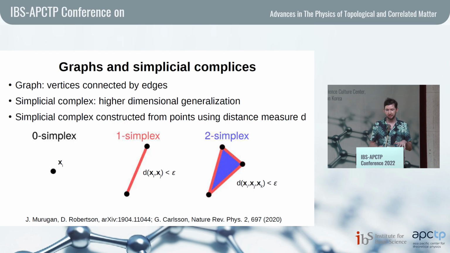There also exist higher dimensional generalizations where we include not just edges but also triangular faces which are spanned by triplets of points. So we can construct a complex by including these faces and even higher dimensional volumes and so on, provided that our points are sufficiently close together as judged by some suitable distance measure.